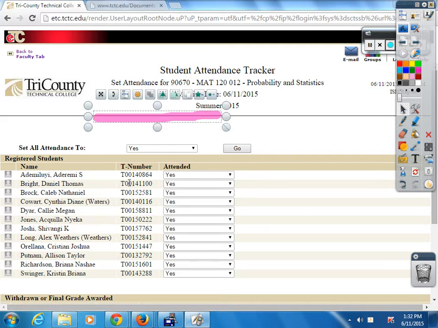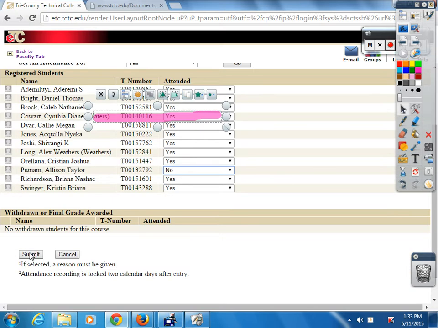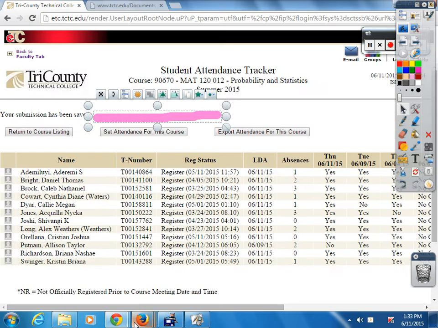Remy's here, Bright's here, Brock is here, Cowart is here, Dyer is here, Jones is here, Joshi is here, Long is here, Oyana's here, Putman, I don't remember seeing Putman. She was here the other day. Richardson, that's her. Richardson is here and Slinger is here. Is that Putnam? Oh, that's loser. Oh, I'm sorry, Mr. Bright. Okay. So only one person missing today. Yay!